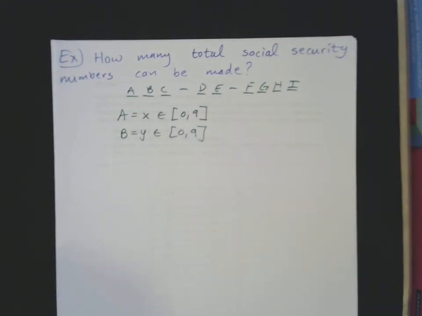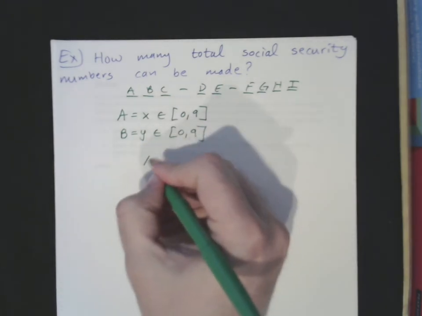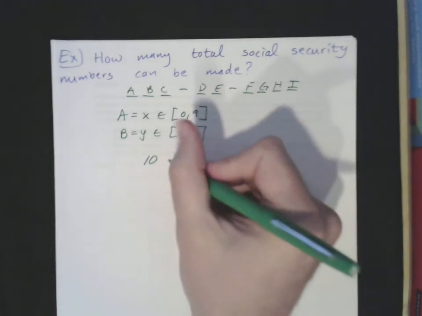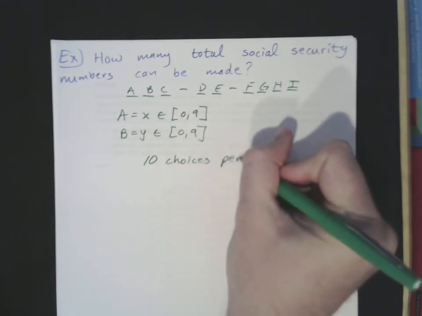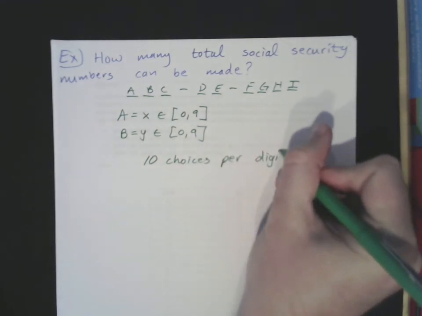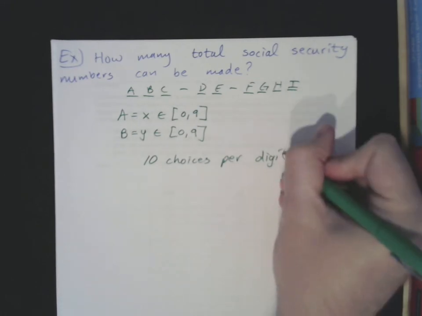We know from the last section, counting integers, we have 10 total integers here. So we have 10 choices per digit, and we have 9 digits.